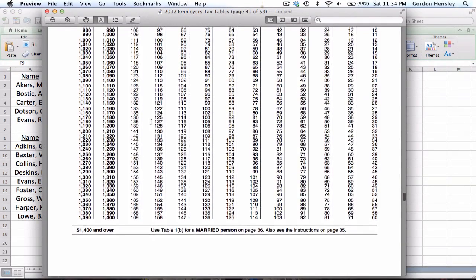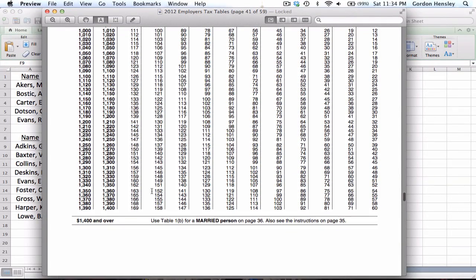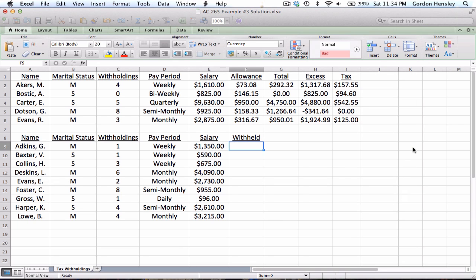So I'm going to go all the way down here until I find that. Now right here is where I see that. 1,350, but not over 1,360. So in this column for 1, the number that I see there is 152. So that means this person's tax withheld will be 152. So you see, no calculations, but look at all the tables and all the searching that I had to do to find that number. So that's the downside.